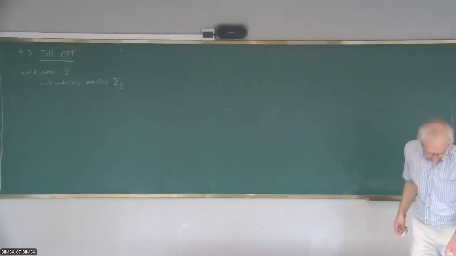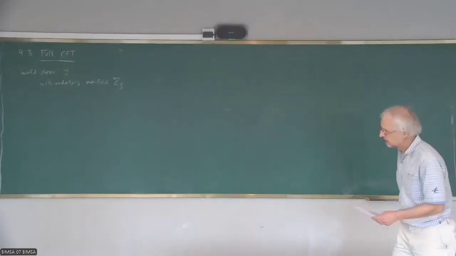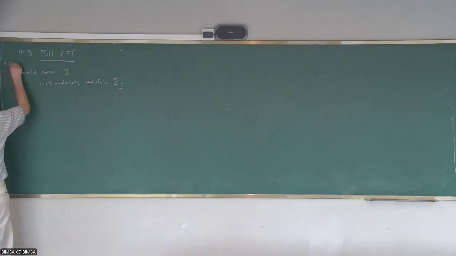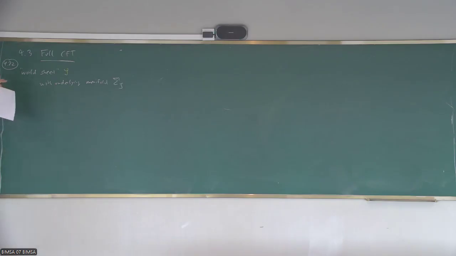So now what I want to do is to give a prescription how, based on the data that I have in the worldsheet, I can first identify a certain space of conformal blocks.